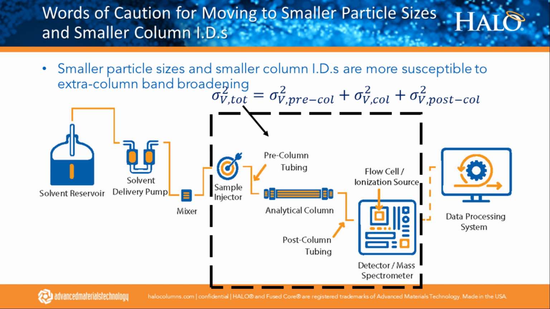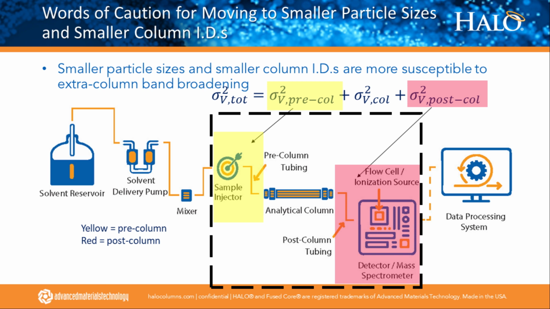This sigma v squared total is all the dispersion, and that consists of the pre-column tubing and the sample injector, which is highlighted here in yellow, and the post-column tubing, which is highlighted here in red, and the going into the detector or the mass spectrometer.